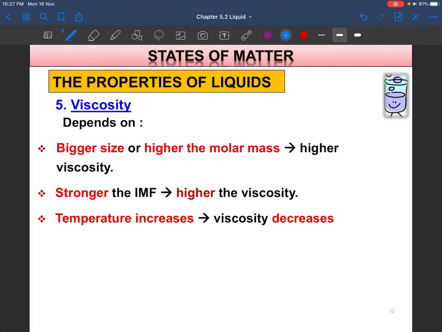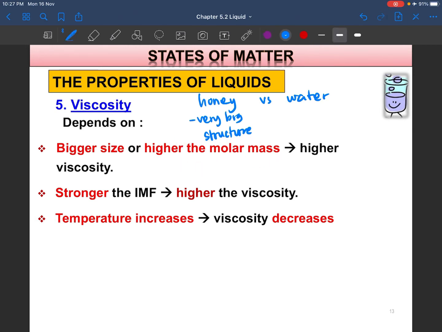Okay, so kalau kamu compare honey dengan water, kalau kamu Google the structure of honey is very big. Okay, so very big structure. Okay, chemical structure dia sangat besar. So bila very big structure, that means dia punya size dia besar lah, ataupun molar mass dia lagi tinggi.